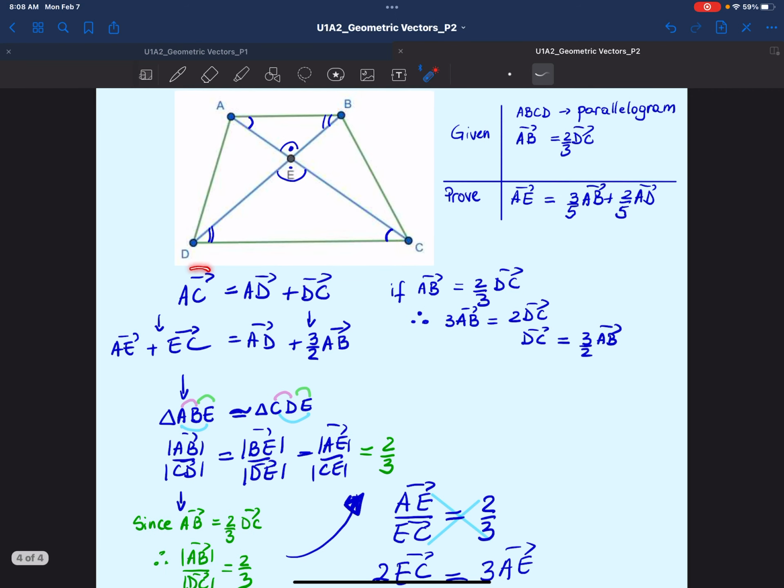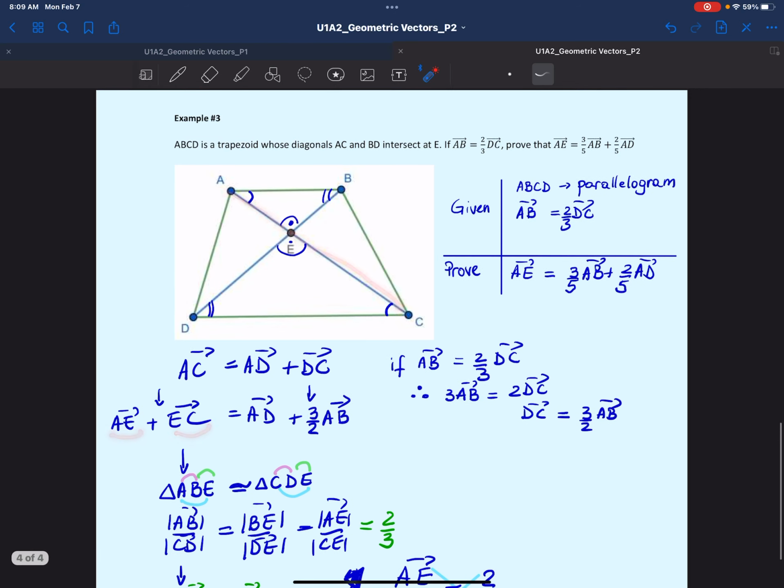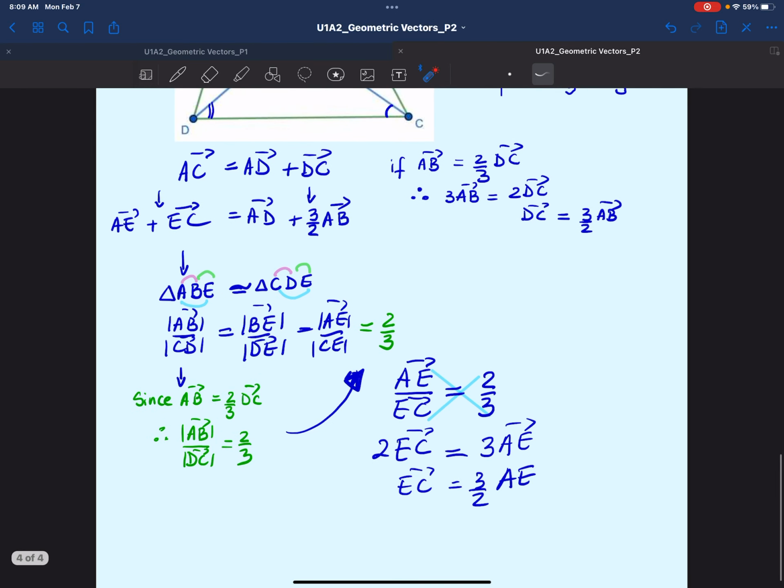Now, on the other hand, we took AC and expressed it as AE plus EC. Now we want to keep AE on the left side, but we want to work with EC and try to express it in terms of AE. Due to the similarity of these two triangles, the ratio AE over EC is 2 over 3, so EC is 3 over 2 AE.